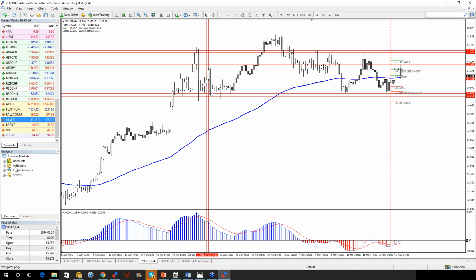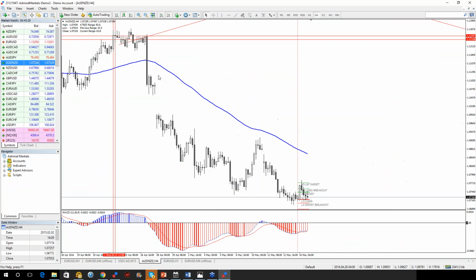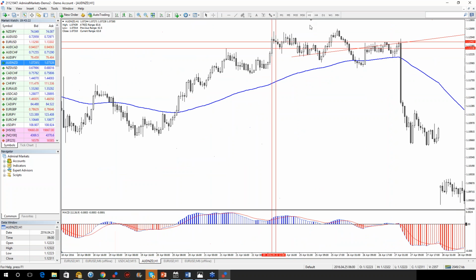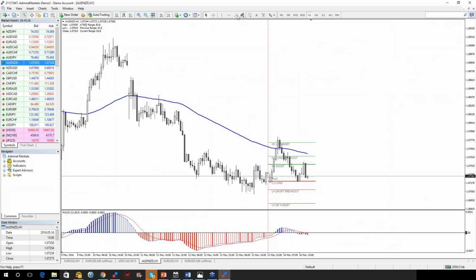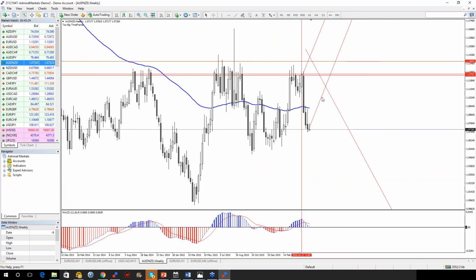Sorin is asking for Aussie Kiwi. Yeah, Aussie Kiwi. Huge downtrend. Head and shoulders on 1 hour time frame. Clear head and shoulders here. See, left, head, right. Weekly broke the trend line.